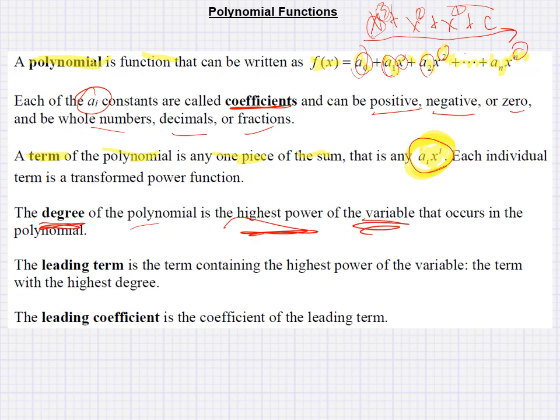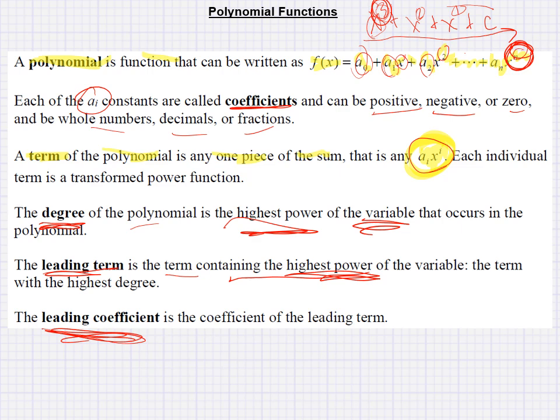So in this case, this would be an nth degree polynomial, and this one would be a third degree polynomial. The leading term is the term that contains the highest power, the coefficient plus the x to the power all together. The coefficient of that term is called the leading coefficient.